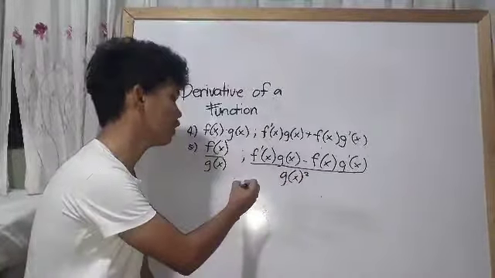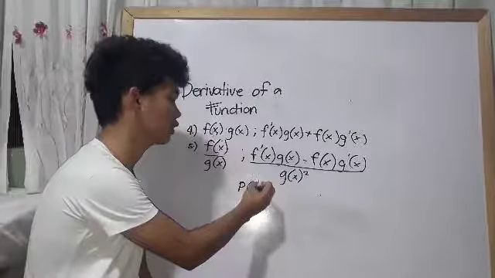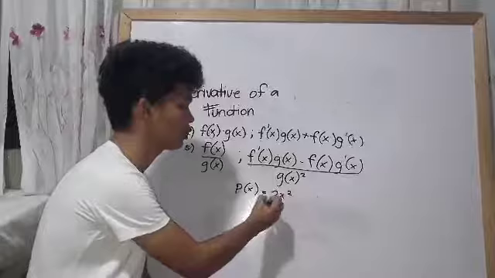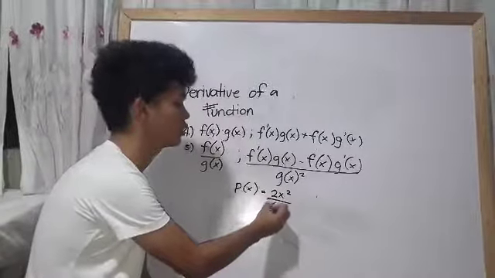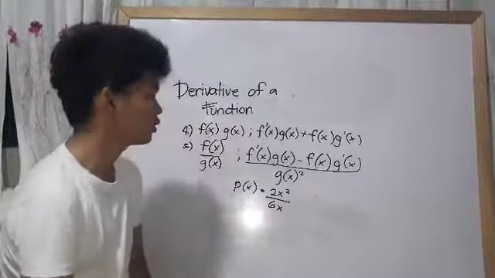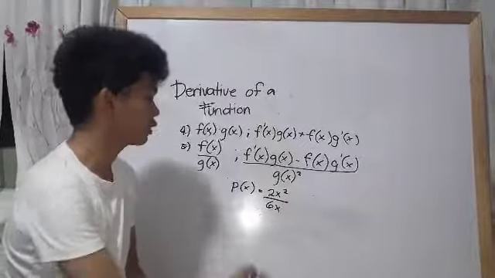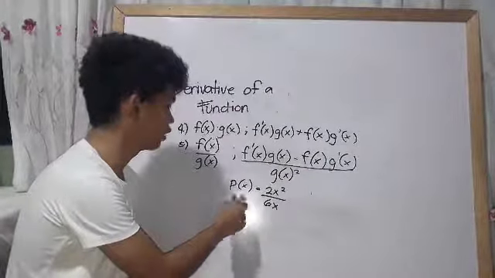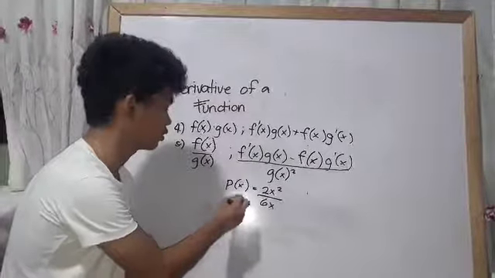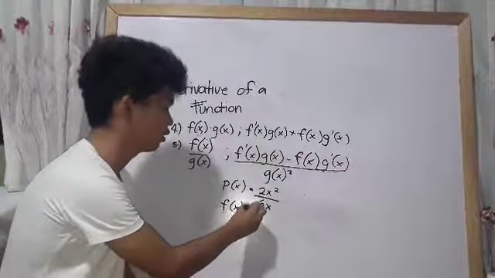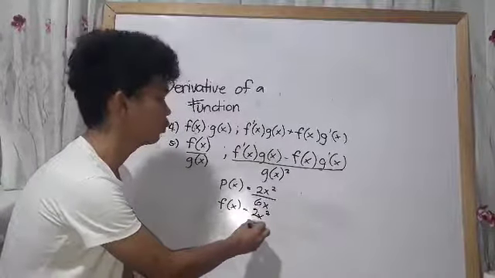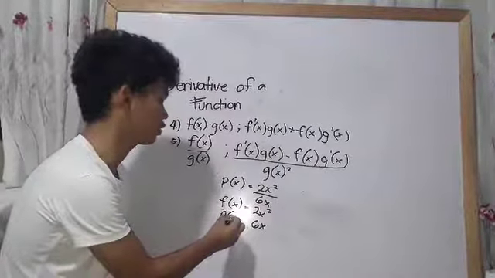For example, we have a function p of x equal to 2x squared all over 6x. As we did earlier, we represent the 2x squared as f of x, and the denominator 6x as g of x.